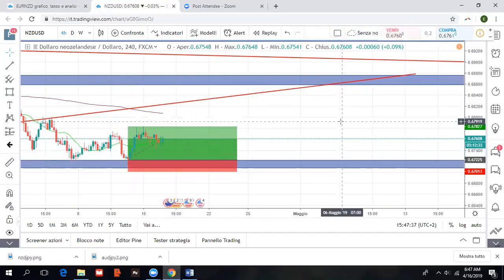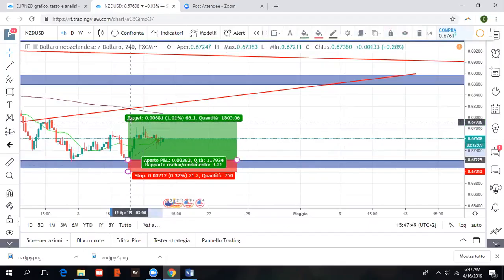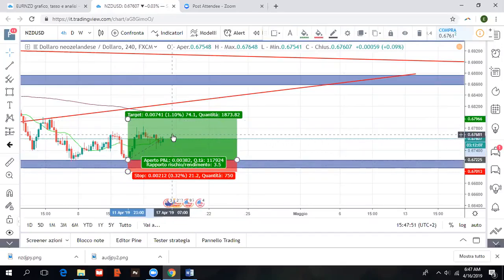You have to be more patient. And in this case, we touched the take profit because it was 60 pips. But as I said, if your take profit is bigger, then we will still be waiting for the price to touch the take profit. So it depends on how you trade, how big is your stop loss, and what risk reward ratio you want to use.